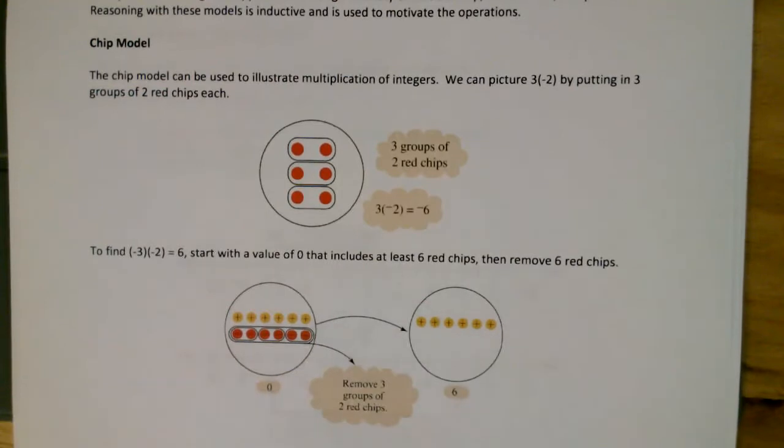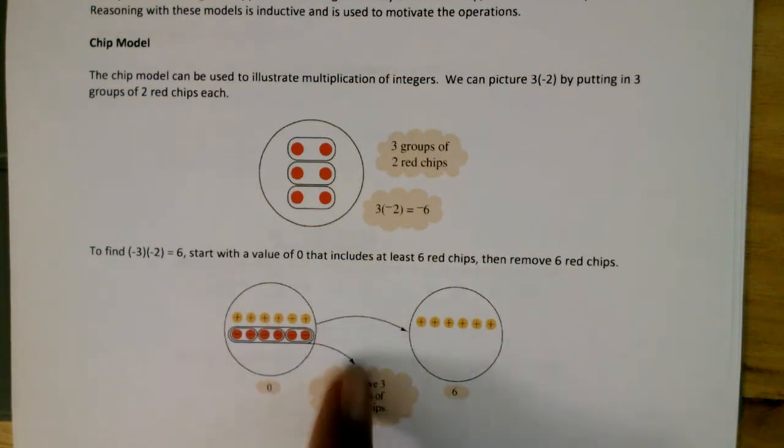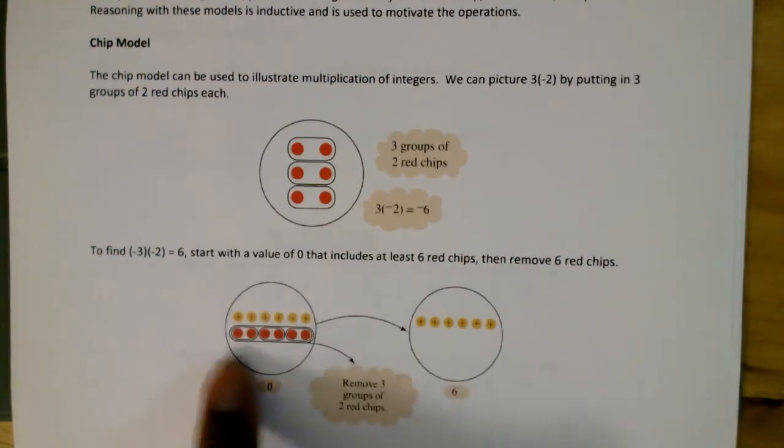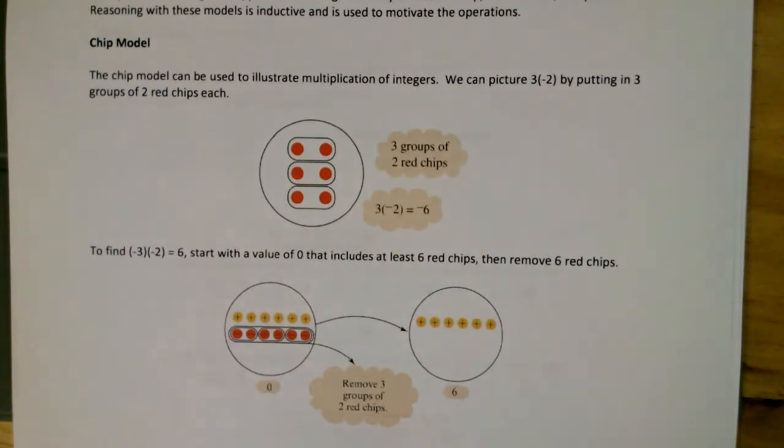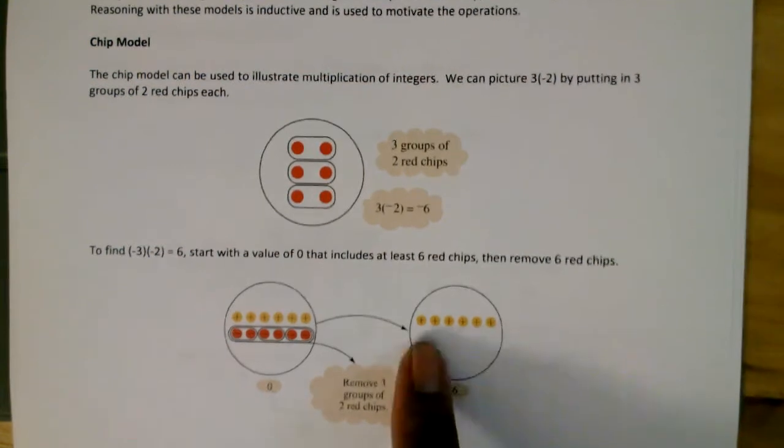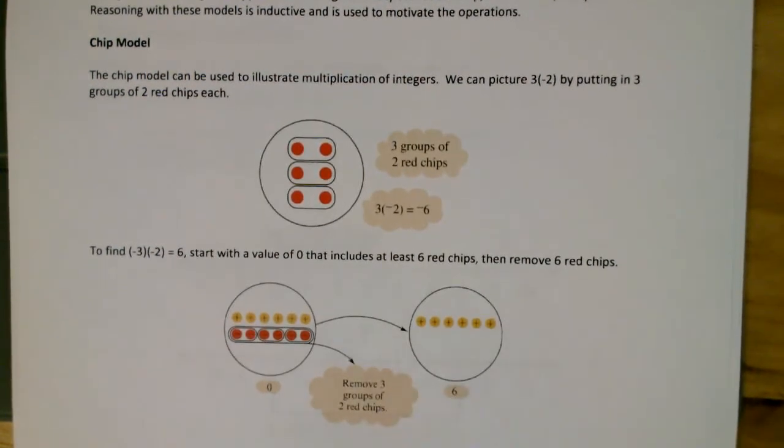And let's remove 3 groups of 2 red chips. Removing them, we're subtracting 3, that's -3. And each group has 2 negative chips. You're left with +6 chips. So -3 times -2 would be +6.